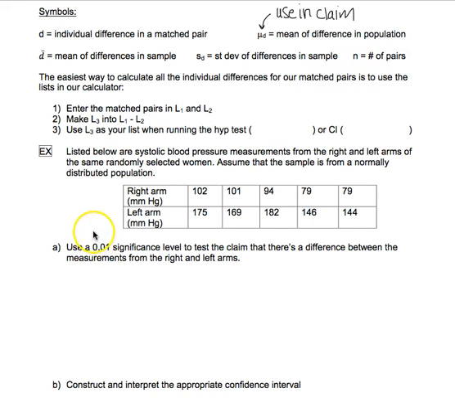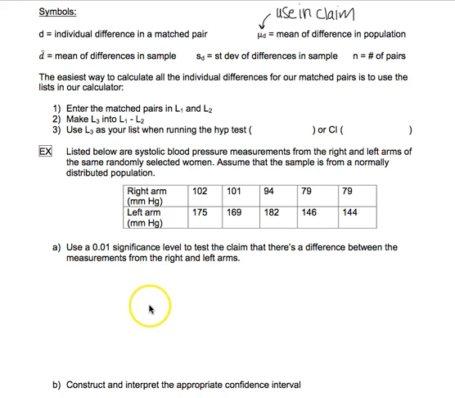Certainly when we have a small list of data, it wouldn't be too terrible to individually calculate the differences between each matched pair. So I can do 102 minus 175, 101 minus 169, and so on. But when we have a larger list, that becomes very cumbersome.